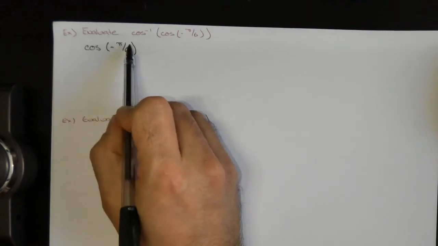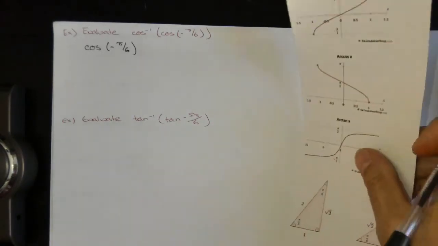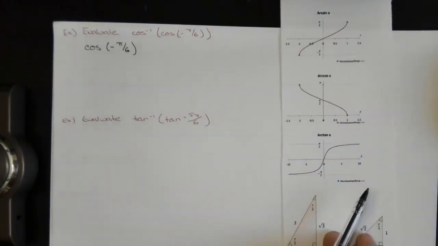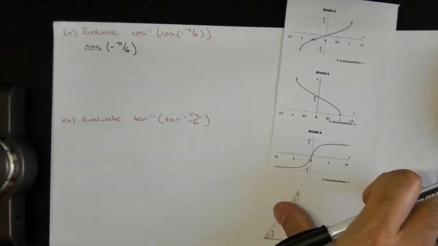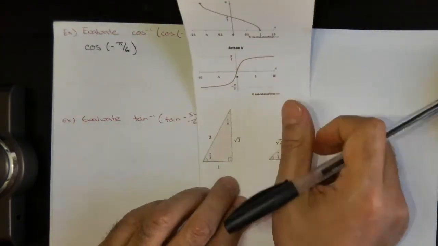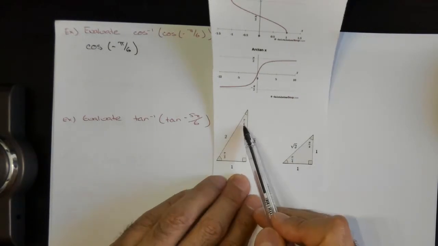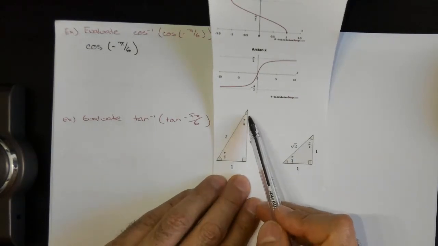So when I have this, I look at my exact triangles. Because if I've got a pi on 6 or pi on 3 or pi on 4, that rings bells to exact triangles. And here's a copy of my exact triangles. So if I've got a pi on 6, that's equivalent to 30 degrees.